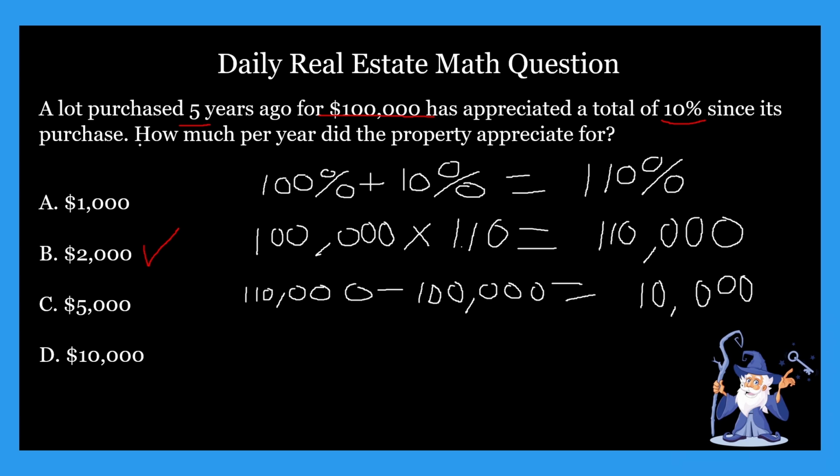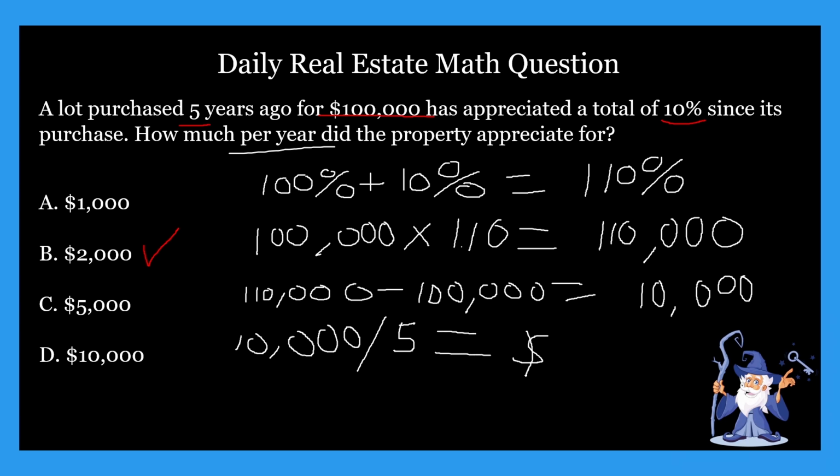But look, it says here, how much per year did the property appreciate for? So now we have to look at that 5, and it says here a lot purchased 5 years ago. So we take that 10,000, and then we're dividing by 5, because again, 5 years. And when we do that, that's pretty simple.